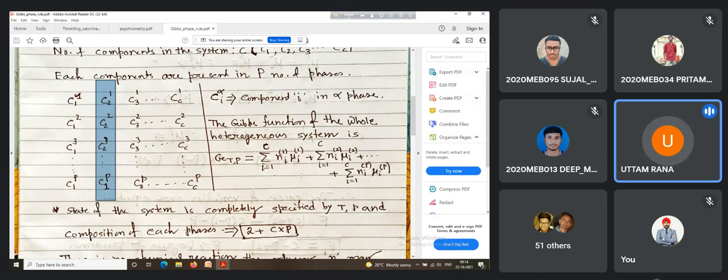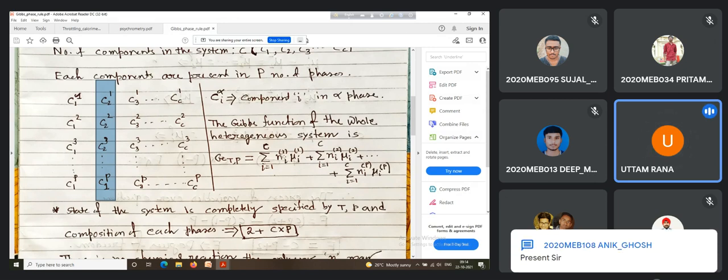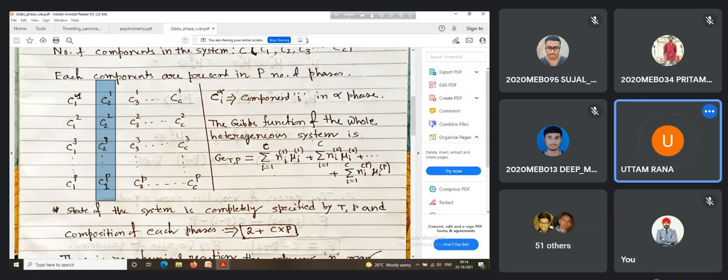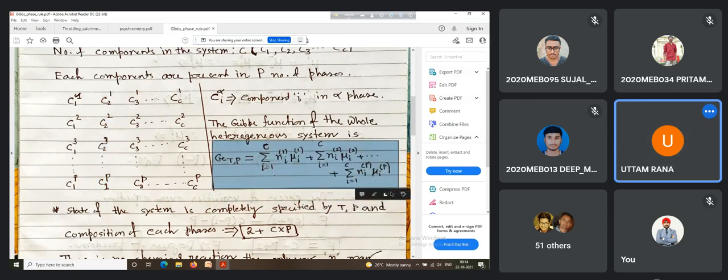And for each species, or each component and their corresponding phases, we need to specify their compositions. So if we want to write the Gibbs function of this particular component, how can we write this? Have you come across the chemical potential? Yes or no?